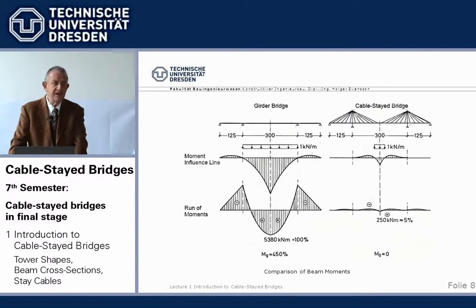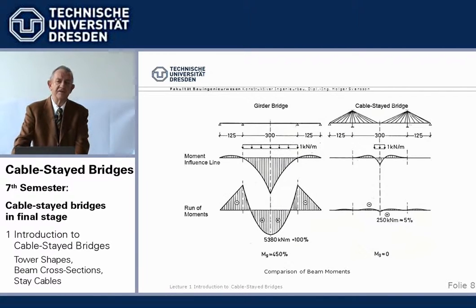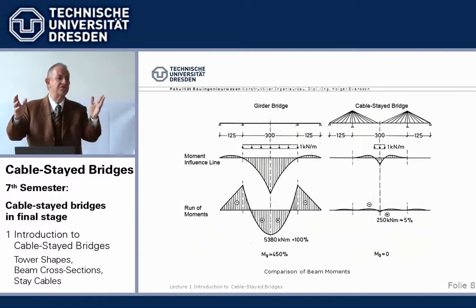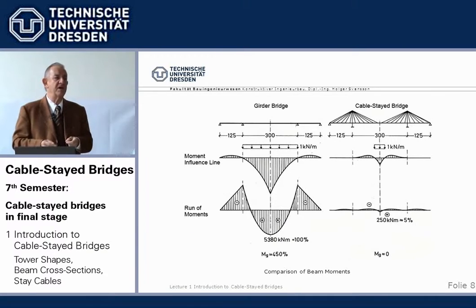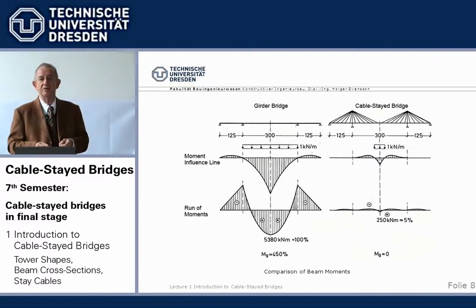What are the advantages of cable-stayed bridges? What has caused that they are so widespread, used all over the world, say since at least the 70s? They've mushroomed, and sometimes I've said with a little smile, currently cable-stayed bridges are the most sexy bridge type in the world.